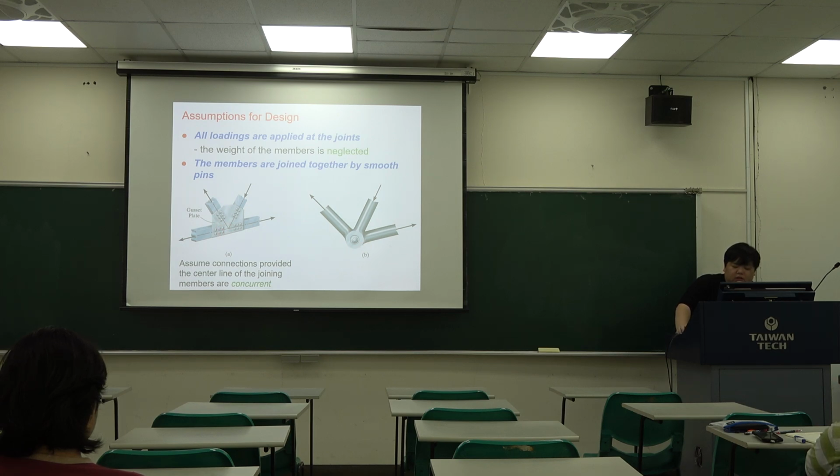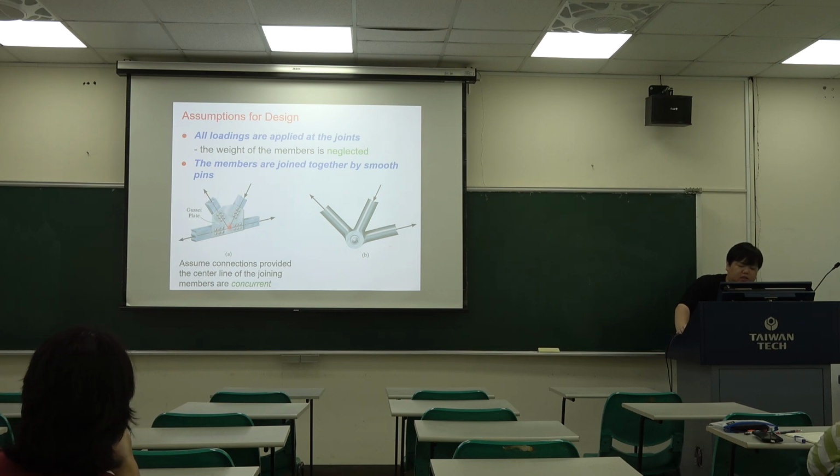Then we assume the connections are such that the center lines of the joining members are concurrent. So every truss member can be combined along one line and connect at one point. This is what we call concurrent.